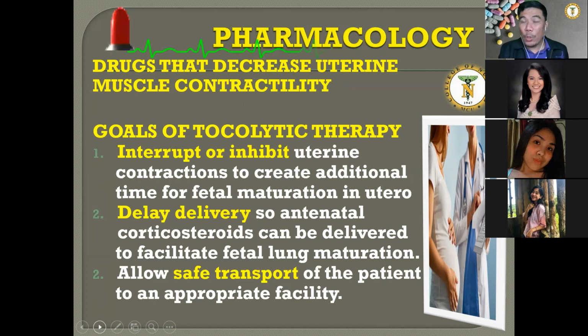So usually steroids are given to the mother to support the surfactant in the lungs of the fetus. Once the premature baby goes out into extrauterine life, the steroids, usually betamethasone, support the surfactants to help the lungs expand.